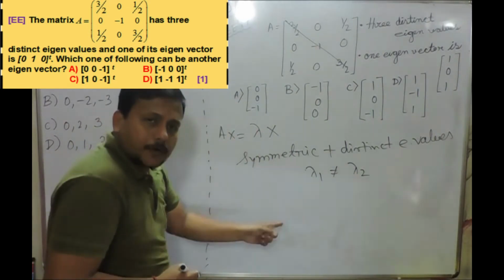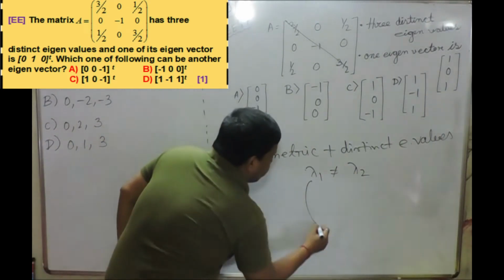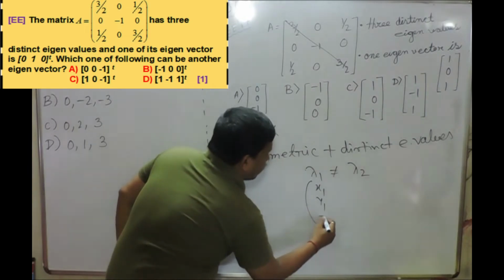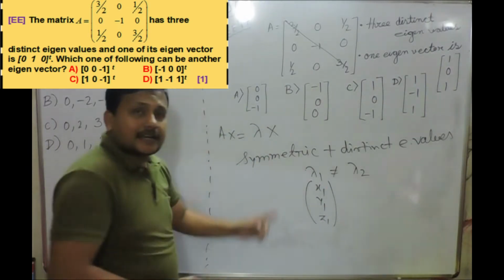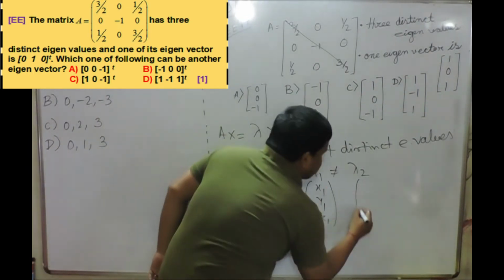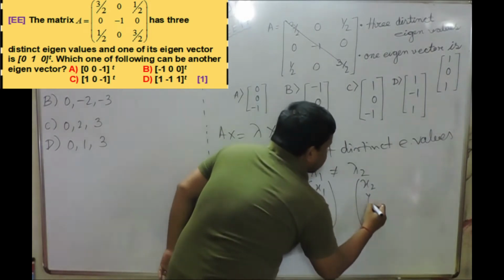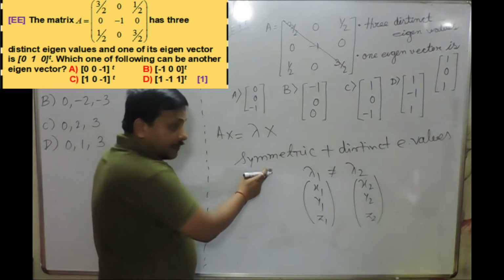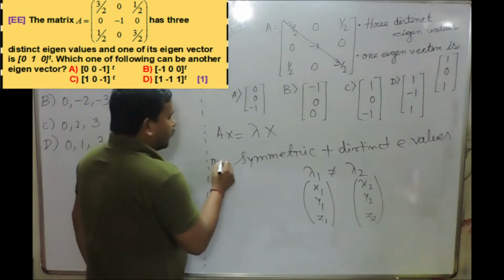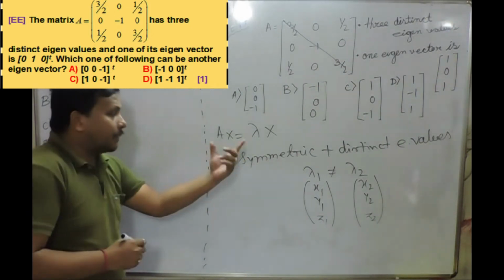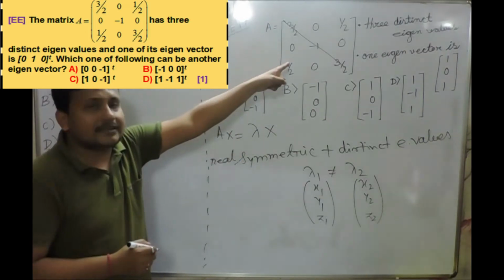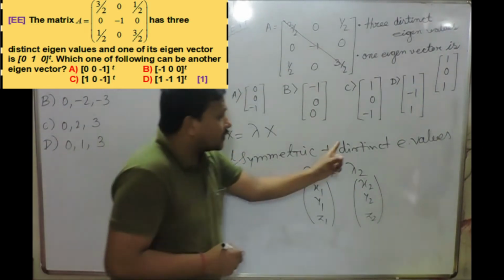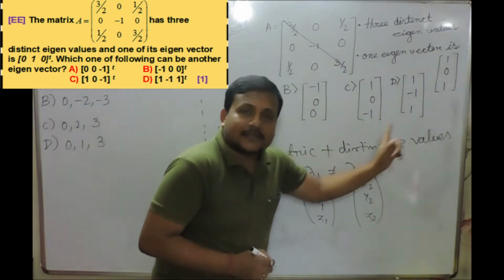Suppose that corresponding to lambda 1, the eigenvector you have is x1, y1 and z1. And corresponding to lambda 2, the eigenvector that you have is x2, y2 and z2. If the matrix is symmetric, it means entries are real. So one should say that the matrix is a real symmetric matrix like this. And here the eigenvalues are all distinct.